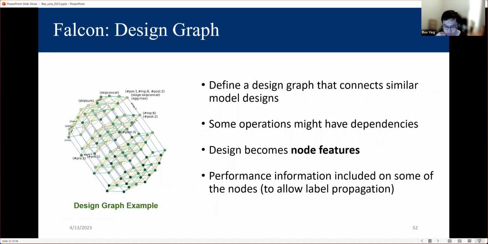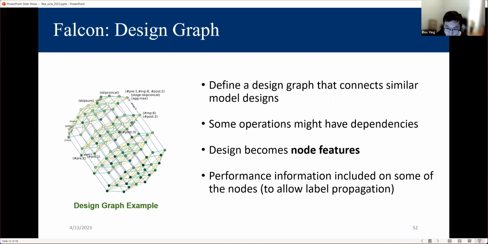The design graph, by definition, is just a graph of architectures. Every node here represents a neural network architecture, and the edges between them represent the difference between these architectures. We connect two architectures with an edge if and only if they are the same except for one design dimension.